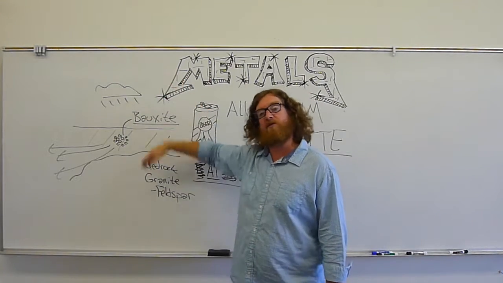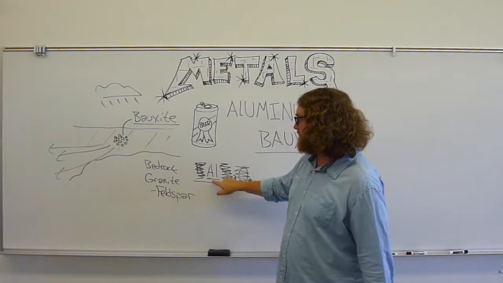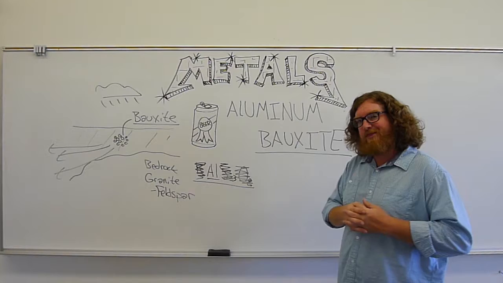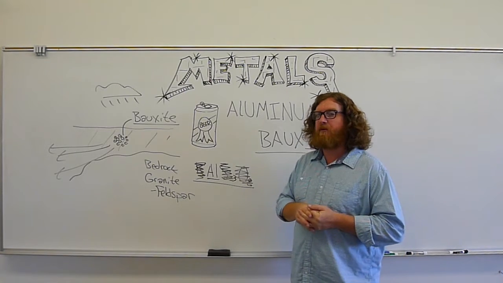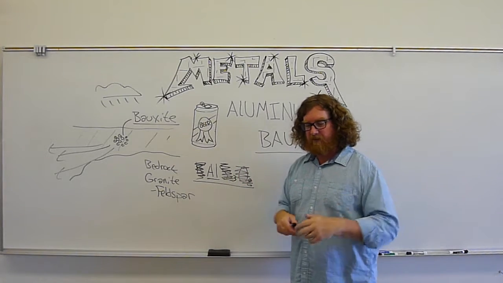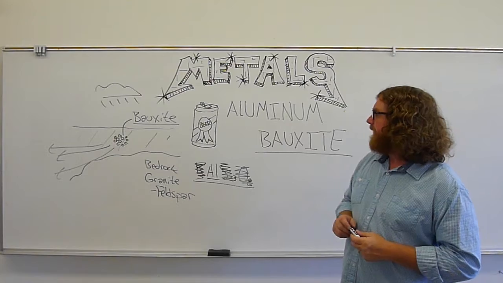Just flushing with warm water that's dissolving all of these things, leaving just the aluminum behind. Not that uncommon, but really in tropical places or areas of a country that do see that type of chemical weathering.